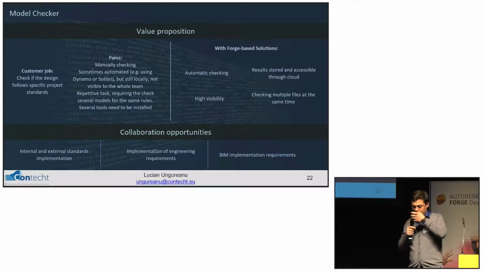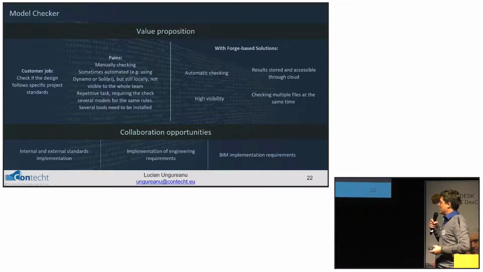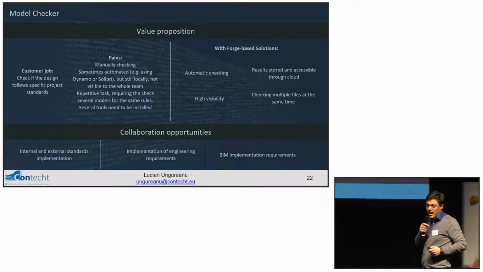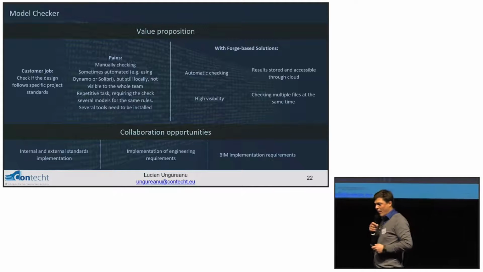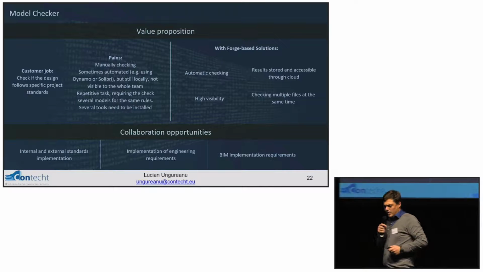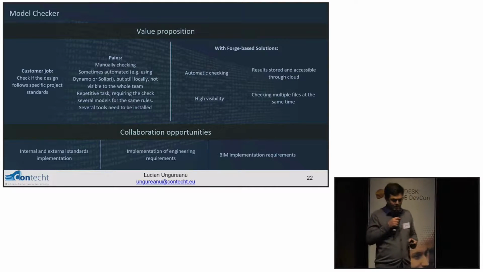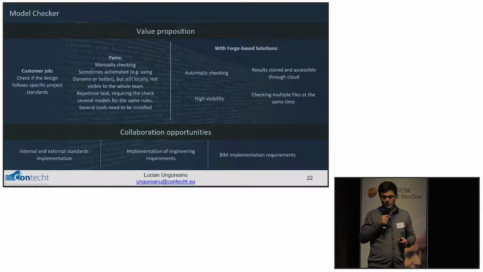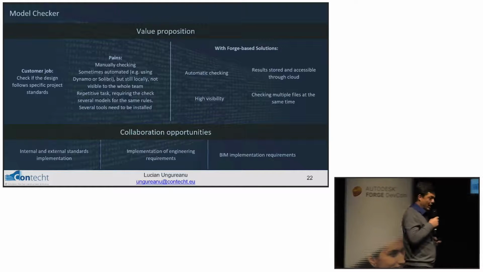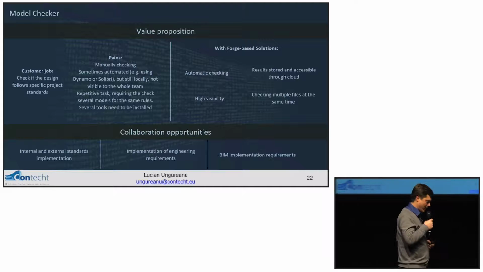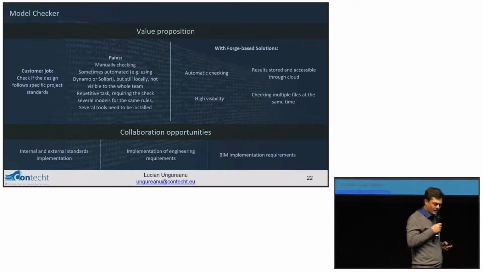The customer's job is to check if the design follows specific standards. But we all know there are a lot of standards, so creating rules to cover all those standards is an impressive amount of work which needs to be done. I know that from research, and also from practice while I was working as a BIM manager.